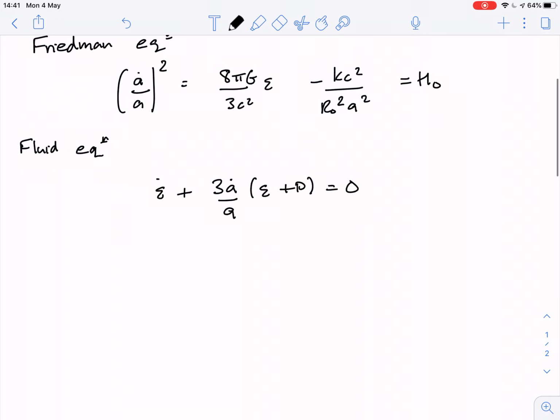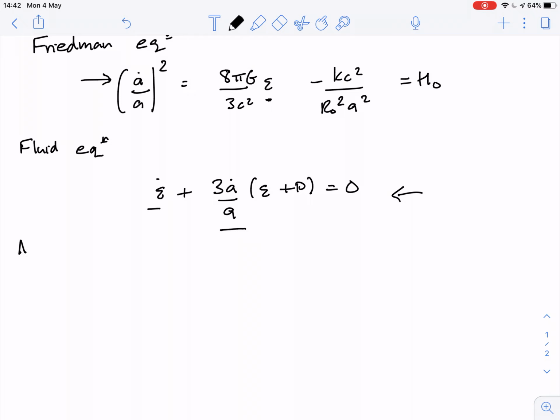So here we can use the fluid equation to understand how the energy density epsilon varies with scale factor a. If we understand that, then we don't have so many uncertainties in the Friedman equation, because epsilon can be replaced as a function of a, and therefore we can solve, i.e. integrate, or otherwise, the Friedman equation for a as a function of t.